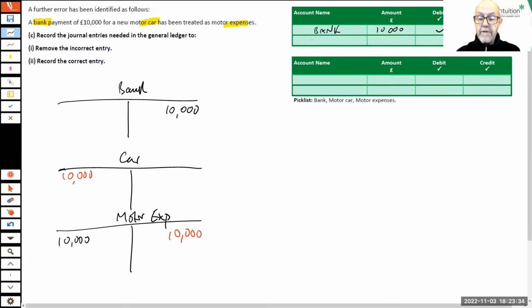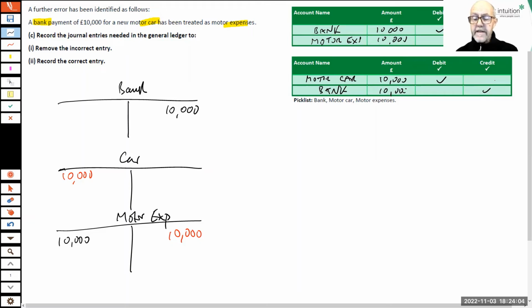So we're going to take it out of motor expenses, and then we are going to charge it as a car. And this is what we call an error of principle, because we've used the wrong class of account.